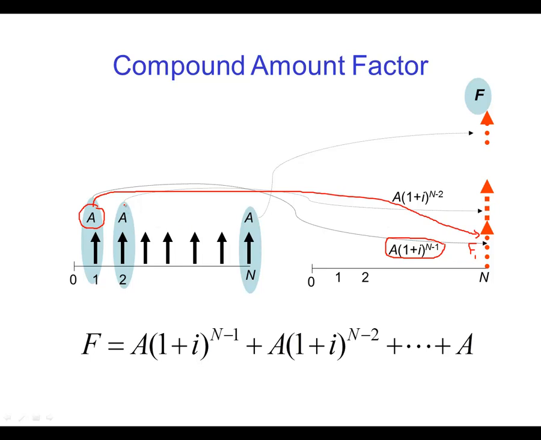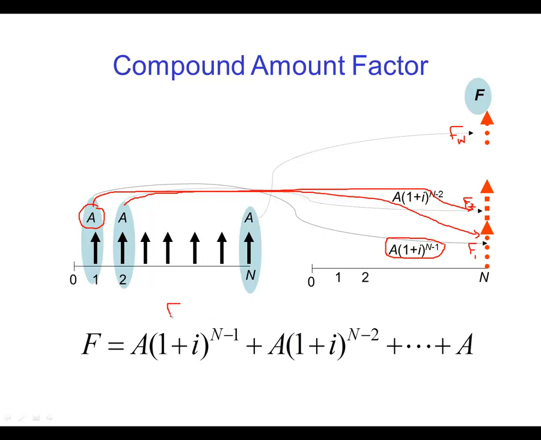Then we take the second one and take it to the future and calculate F2, and so on until we find all the values up to Fn. Once we find all the values, I can start adding them.